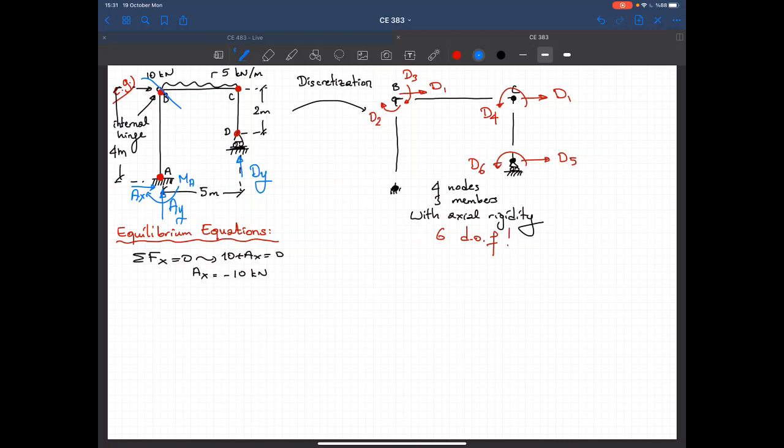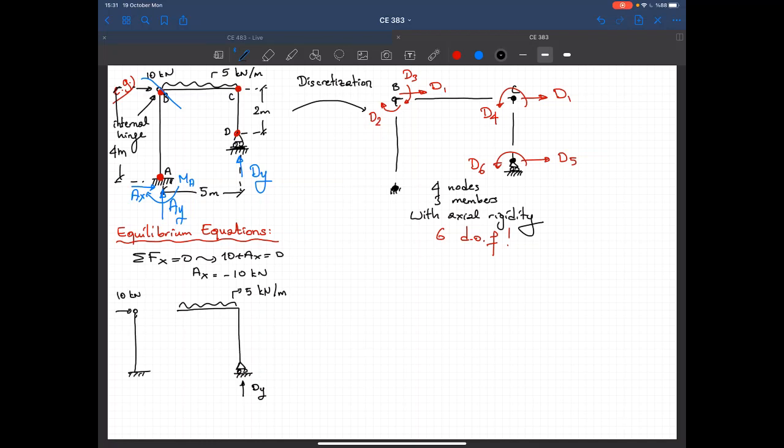So on the left hand side, this is the structure that I see. Five kilonewton per meter. I got DY here. And on the right hand side, I got 10 kilonewton point load here.